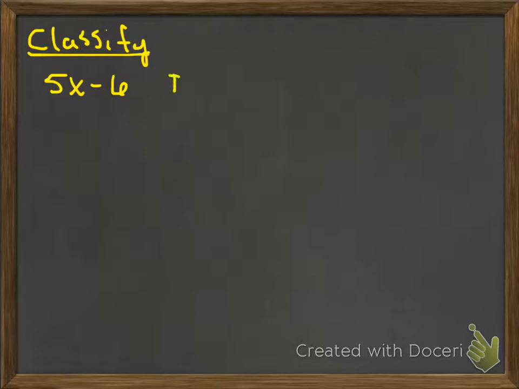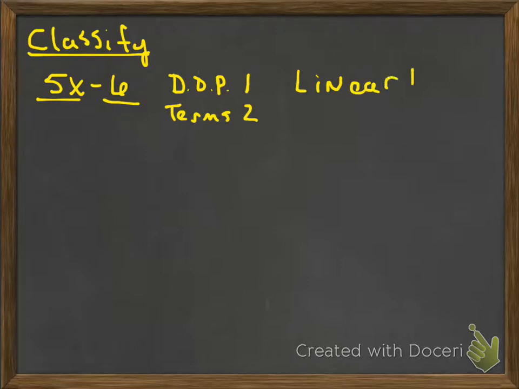So I would write degree of the polynomial is 1 because the first term has a degree of 1, and that there are 2 terms. The 2 terms are 5x and 6. If I put that together, based on the degree, I would call that a linear. Based on the terms, it would be a binomial. So this is a linear binomial.